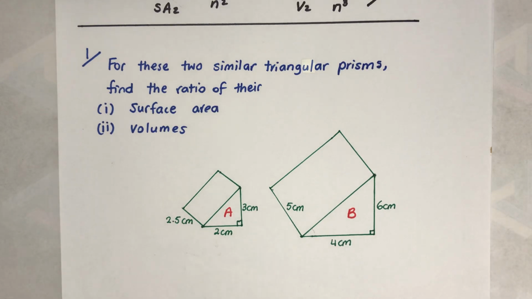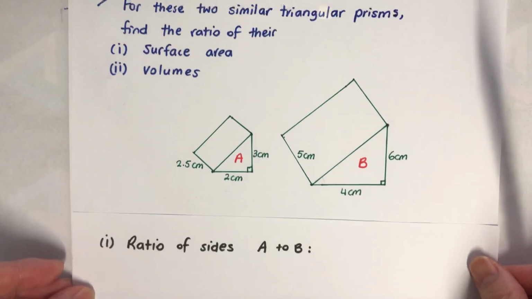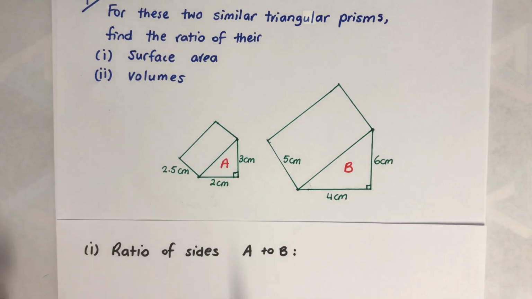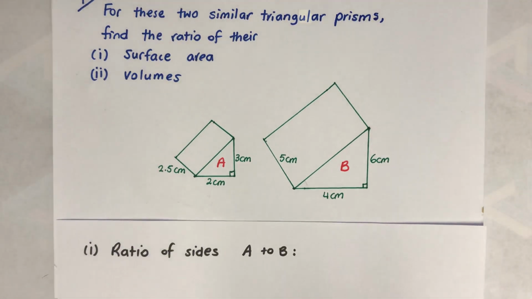So how are we going to do that? First thing first, we need to have a ratio of sides. Whatever you do, try to find the ratio of sides first, and then from that you can do surface area or volume, depending on the question.